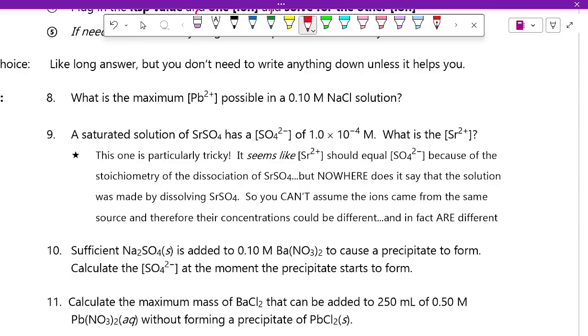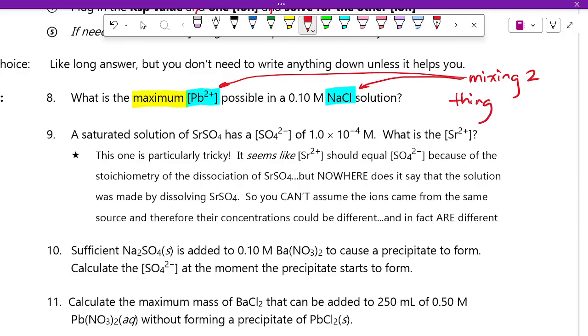Okay, so in question 8, what gives us a clue that this is a max-min problem? It says maxima, that's good, but also it says both Pb2+ and some other thing, right? We have two things. We are mixing two things. We're going to skip number 9 for now.